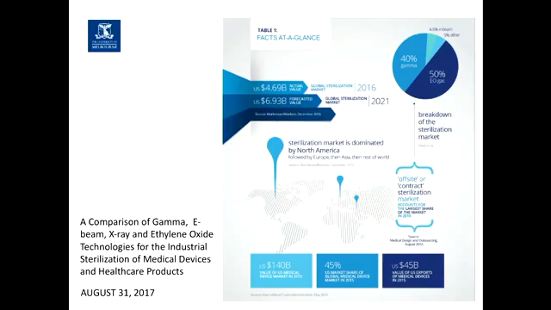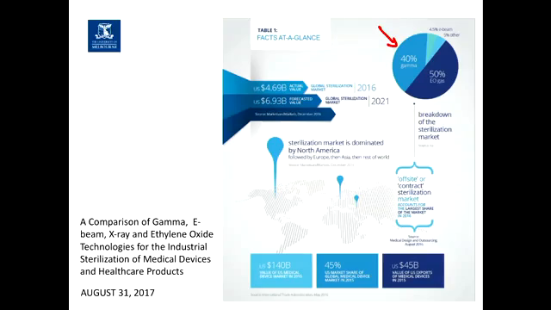When I was having a look through information about different sterilisation methods that are used, I found this table and I thought it was quite interesting. If you have a look at this circle here, it tells you about the sterilisation market. This is specific really to the US, because the US has the biggest market of medical devices, so a lot of the information does come out there.